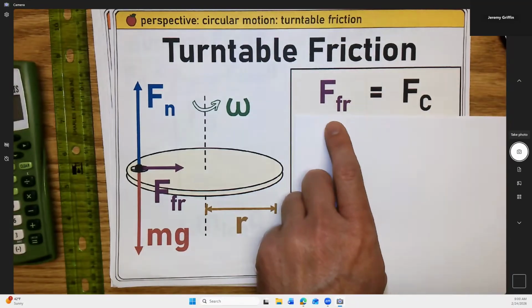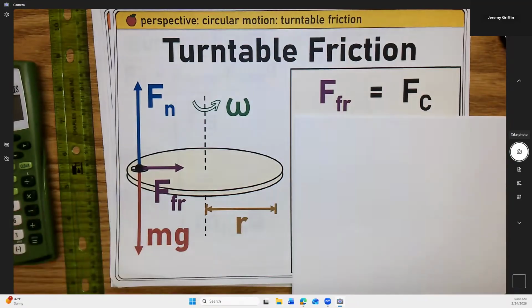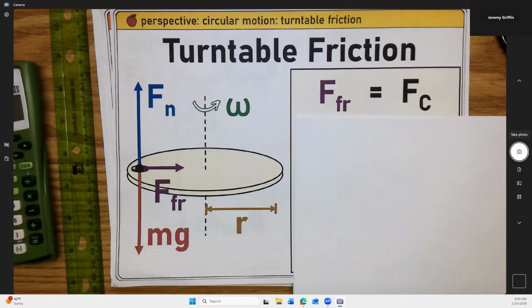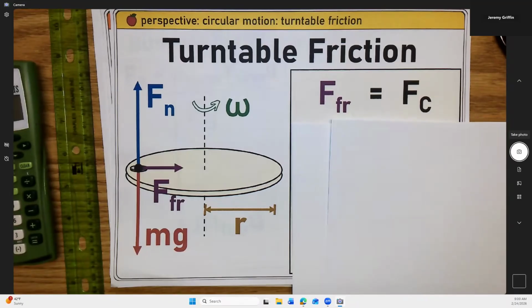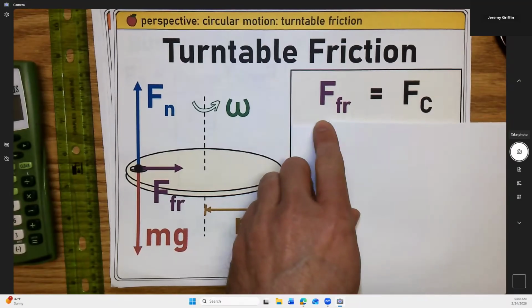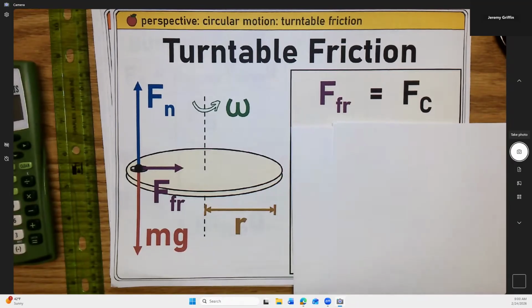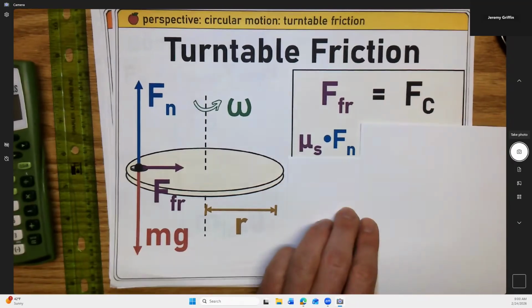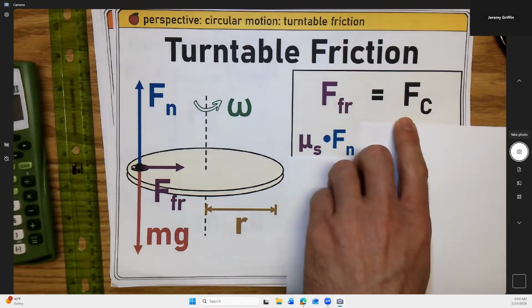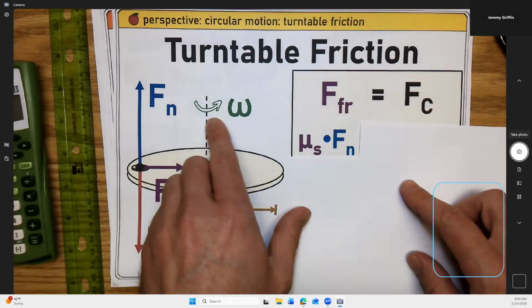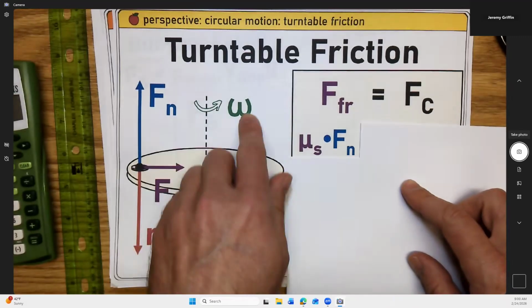Friction force could be what times what? We're trying to get the coefficient of friction, right? So how do you bring that in here? Coefficient of friction times normal force. There you go. Now if I have some omega going on here, I'm thinking in terms of angular velocity.